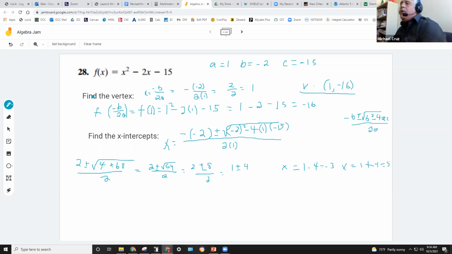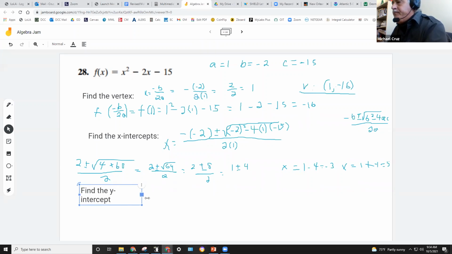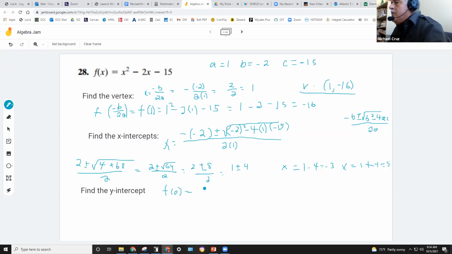All right, so we need also the y-intercept, which is really the easy one. In this form it is, because really it's just going to be this value of negative 15. But let me just go through it, so it's f of 0. So when x is 0, that's where it crosses the y-axis.